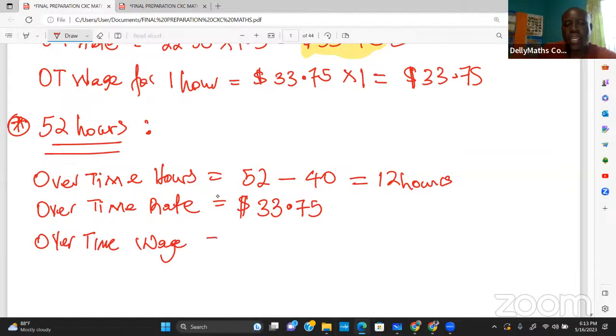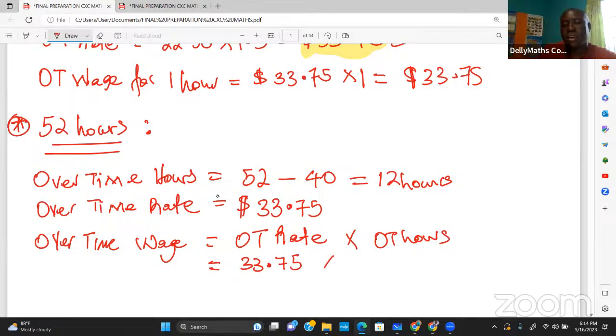So my overtime wage is going to be my overtime rate times the overtime hours. So it is very straightforward. I'm working $33.75, and I did it for 12 hours.